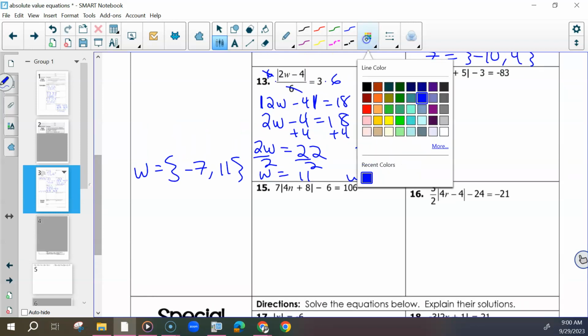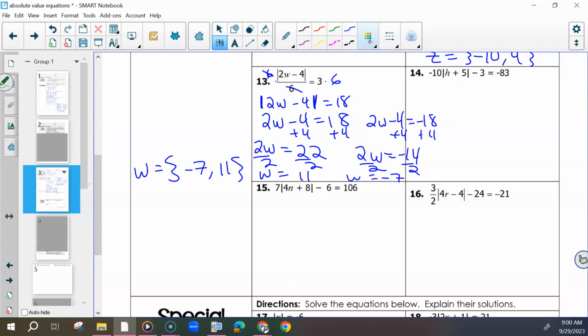Let's try 14. What do you think we would do first on that one? Get rid of anything you can add or subtract first. We have negative 10 times the absolute value of h plus 5 equals negative 80.